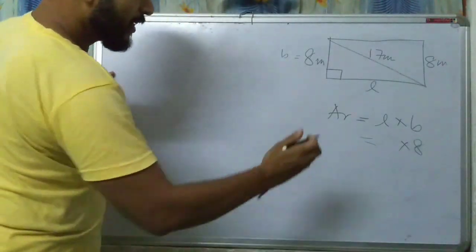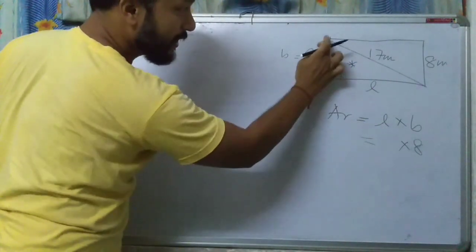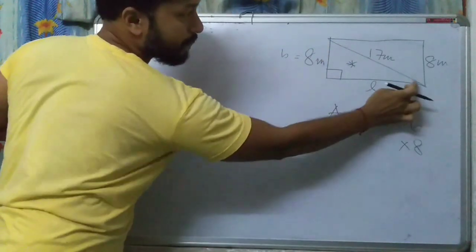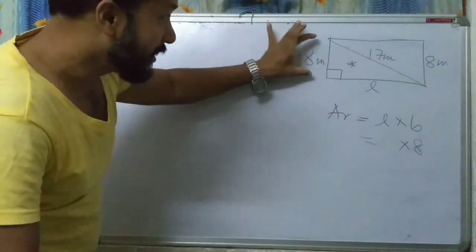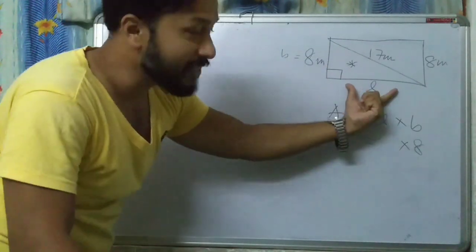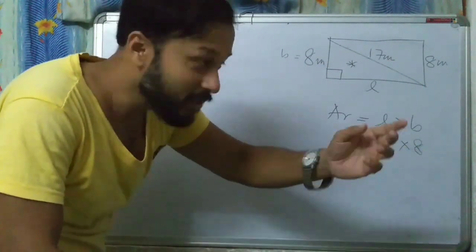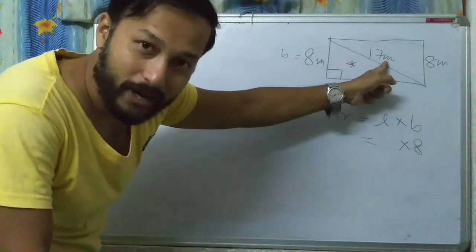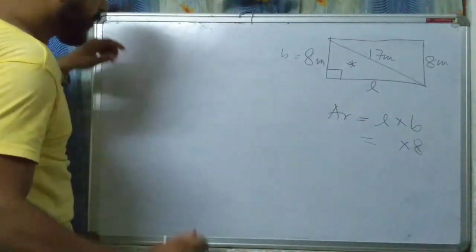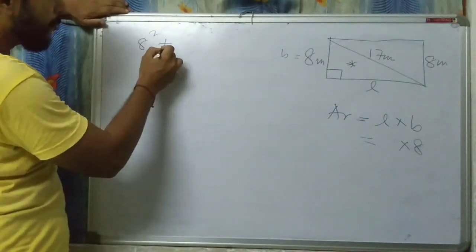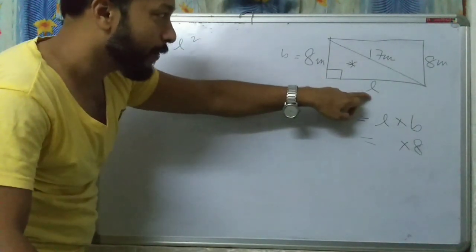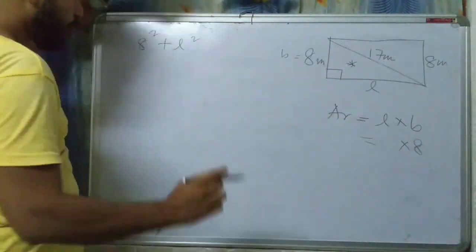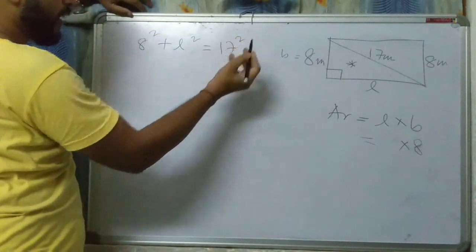Understood? In this triangle, can you see this triangle? In this triangle, this square plus this square equals this square. I'm writing it, see. 8 square plus l square equals 17 square.